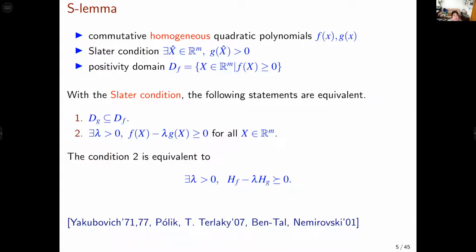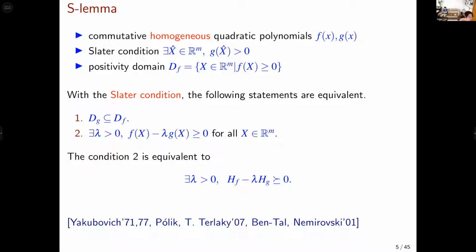Then we have the Slater condition, which means there exists a real vector x hat such that g(x hat) is positive. And then we define the positivity domain Df, the set which contains all real vectors x such that f(x) is greater than or equal to 0.